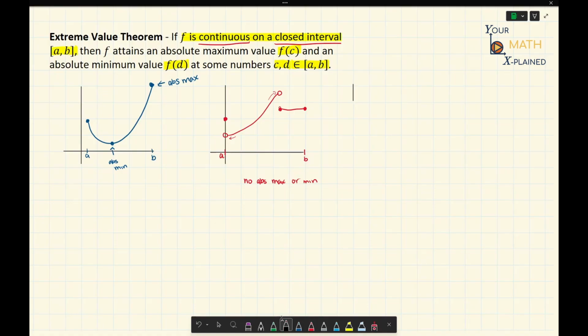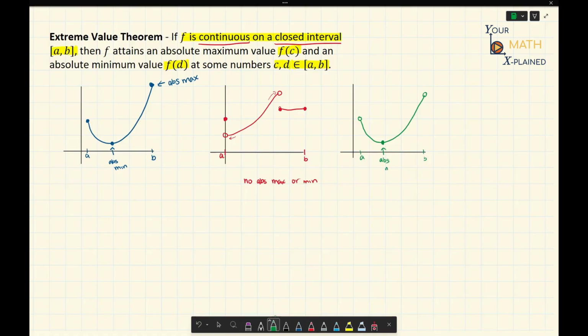And next, we're going to take a look at one more example where f is not on a closed interval. So here, let's say f looks similar to the first one we drew, but it is an open interval AB. Now you can see that we still have our absolute minimum because it happens to be somewhere in the middle, but we don't have an absolute max here.